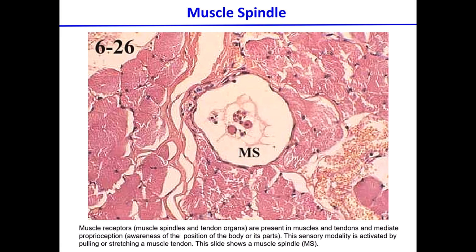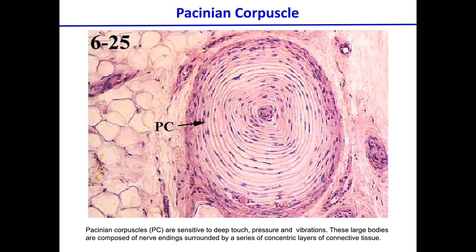Questions? All right. Another very specialized structure that looks much better here in that diagram that I showed you earlier. This is the Pacinian corpuscle. This is in the skin, and this is pretty much what allows us the sensitivity to touch, pressure, and vibrations. There are lots of layers of connective tissue surrounding the nerve tissue that is going to be detecting the signal.